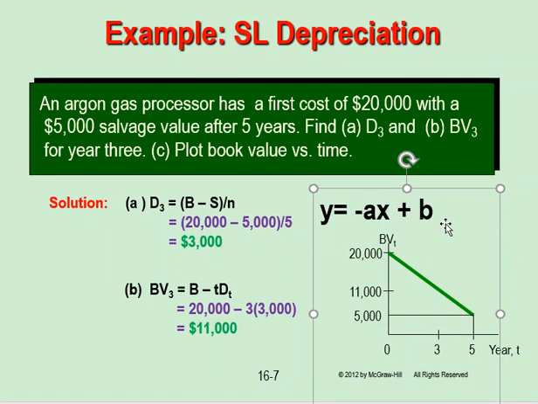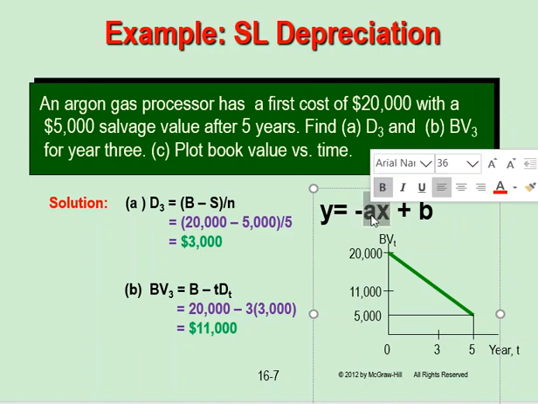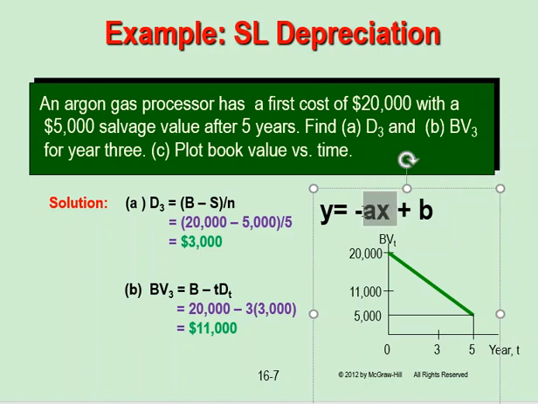When x is 0, y is the maximum, because this is negative. So once this is 0, I'm going to reach 20,000. The more the value of x, the less y will be.